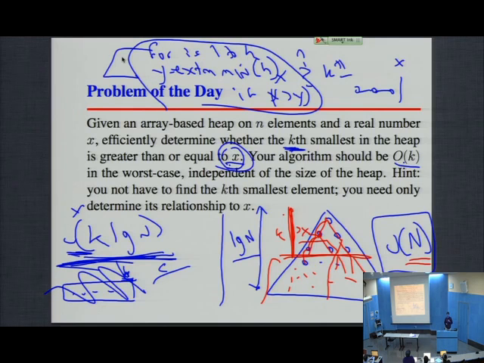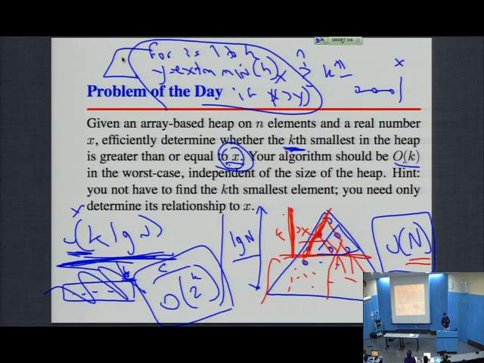What is it? What about all the other elements in this region up here? It's 2 to the k. Does everybody see that? So this algorithm is order 2 to the k.